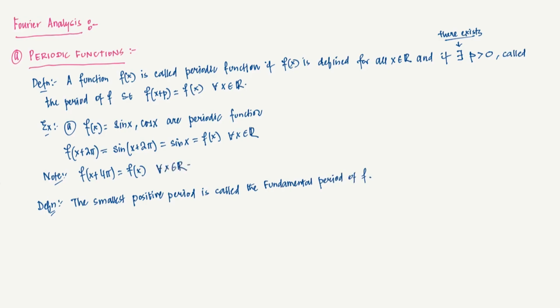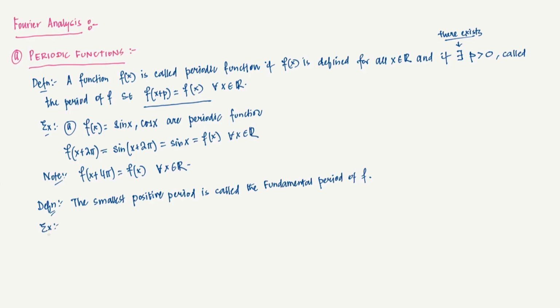So what do we have? You have a periodic function if f of x plus p equals f of x for all x in R, and p is called the period. Of course, if p is the period, 2p is also going to be a period. Again, this is a small exercise.